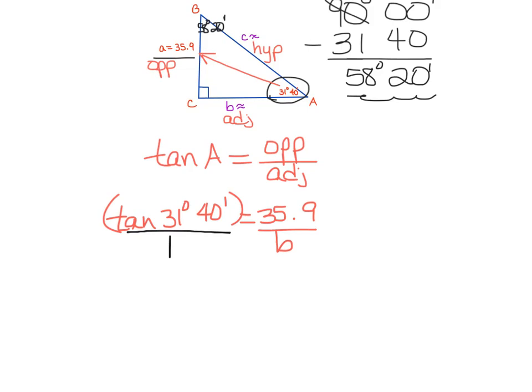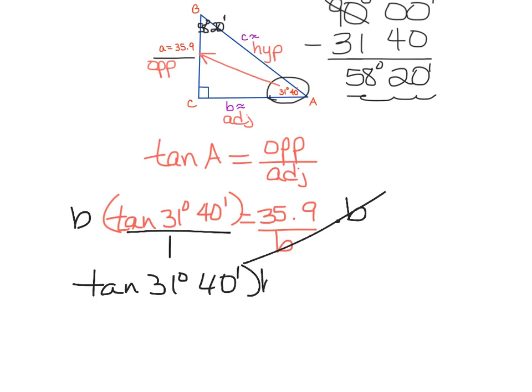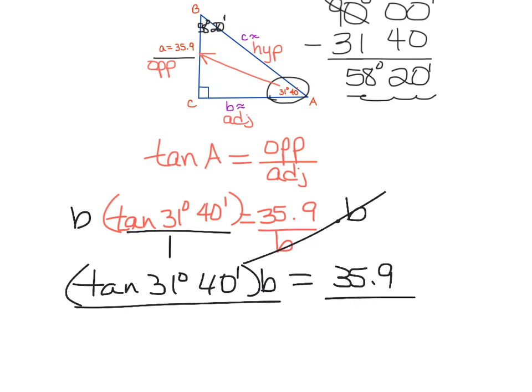Just know that when I do this, I'm really multiplying both sides by B. So now I have tangent 31 degrees, 40 minutes, B equals 35.9. To solve for B, I divide both sides by tangent 31 degrees, 40 minutes.